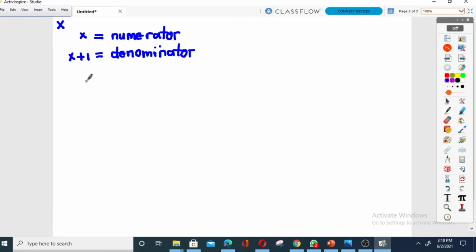So the fraction, the numerator is x over x plus 1.